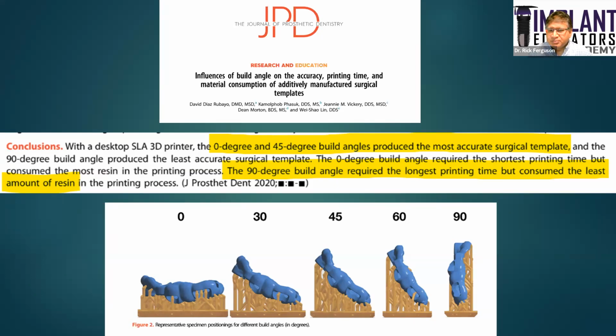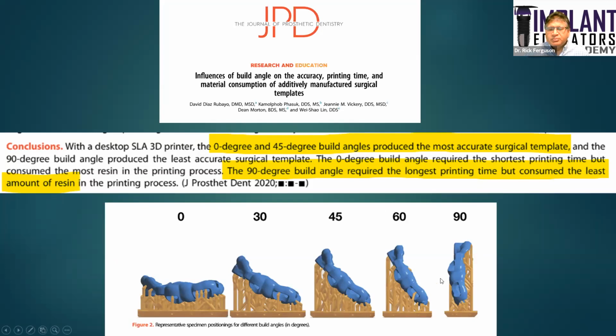Knowing how to set up the prints on the platform is extremely important. There are YouTube videos, but we also teach this in our courses. So the 90-degree build angle required the longest print time. That's basically straight up and down, but it consumed the least amount of resin, and it was the least accurate as far as making surgical guides. And again, as I said, this is also true for models and things like temporary hybrids.